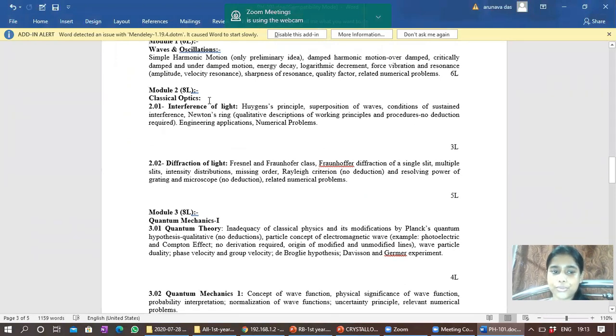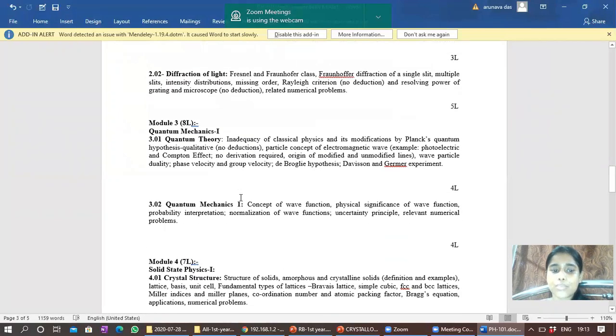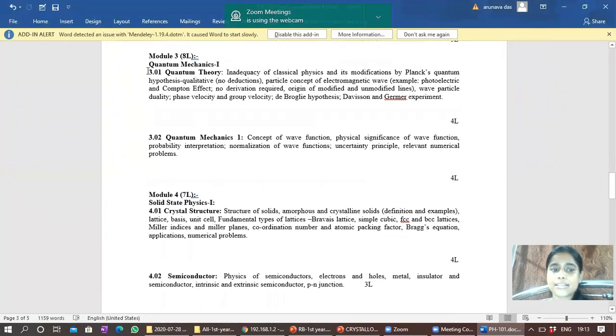In module 2, there is classical optics, where we have to discuss interference of light and diffraction of light. In module 3, there is quantum mechanics 1, where we'll discuss quantum theory and quantum mechanics.